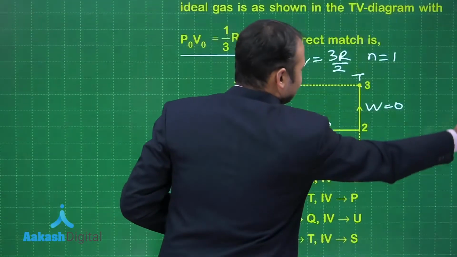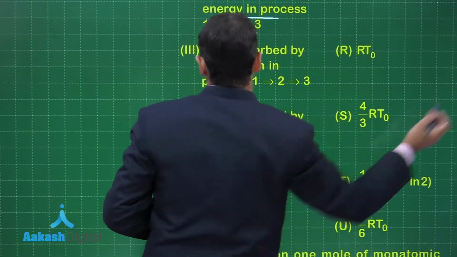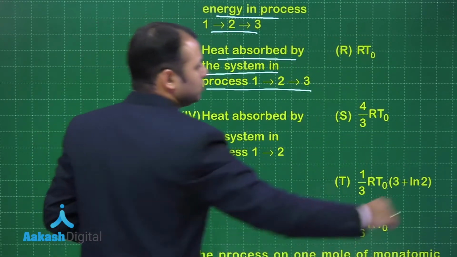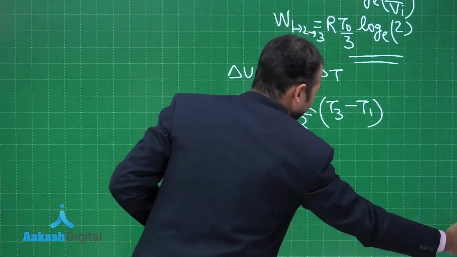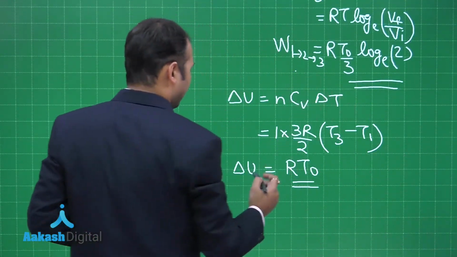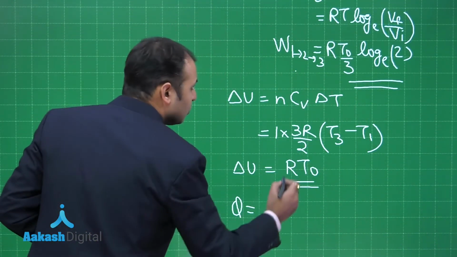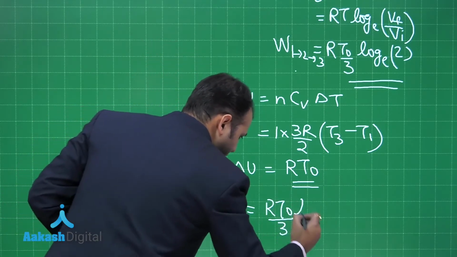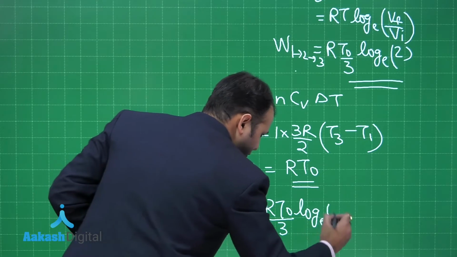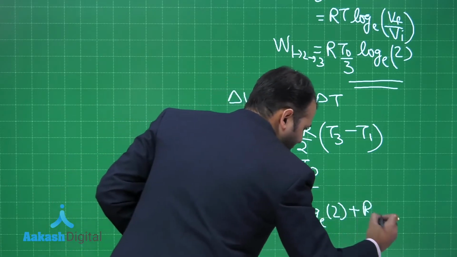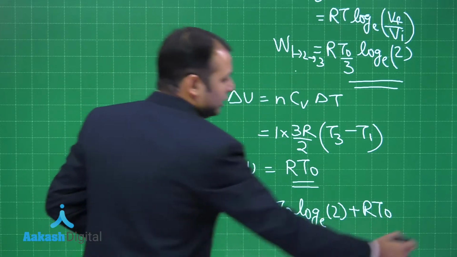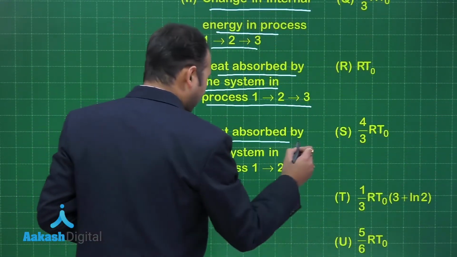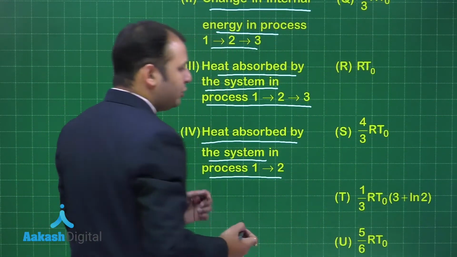Now the third part, that is heat absorbed by the system in this process of 1, 2, 3. It's simply the summation of work done and delta U. So Q would be equal to R T naught by 3 natural log of 2 plus R T naught. We have this answer. And let's see what is the last demand. The last demand would be heat absorbed by the system from process 1 to 2.